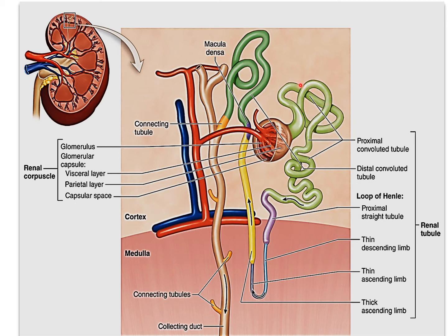The first part of the renal tubules is the proximal convoluted tubule, and the second part is the thick descending loop of Henle, which is attached to the thin descending loop of Henle, and then the thin ascending and thick ascending loop of Henle, and at last there is the distal convoluted tubule.